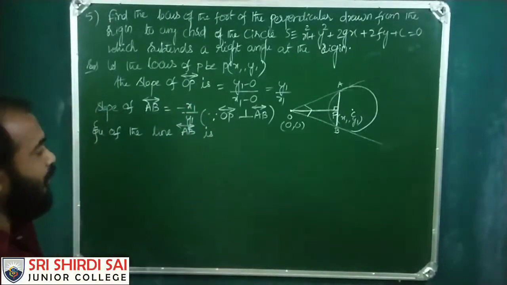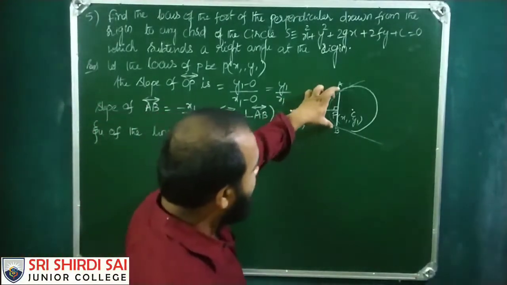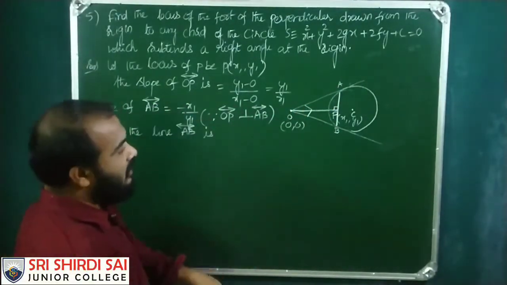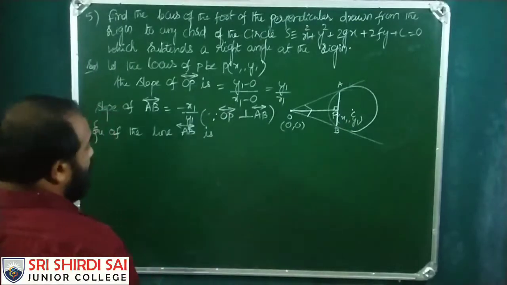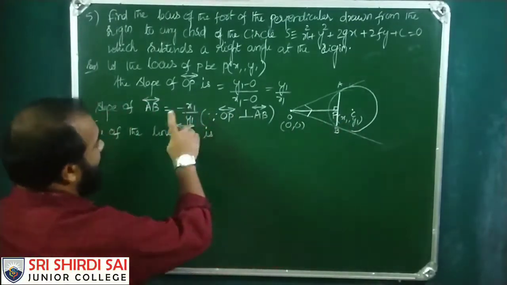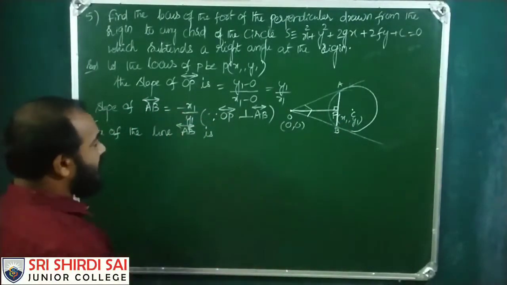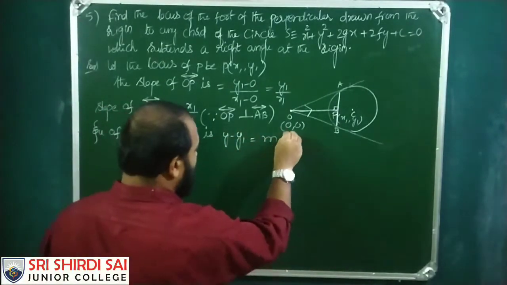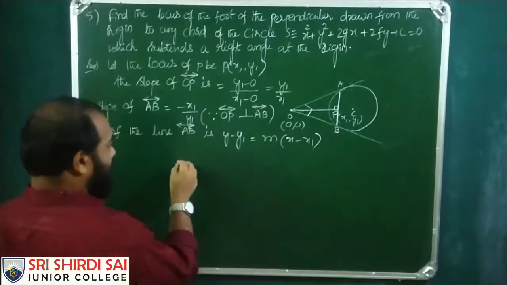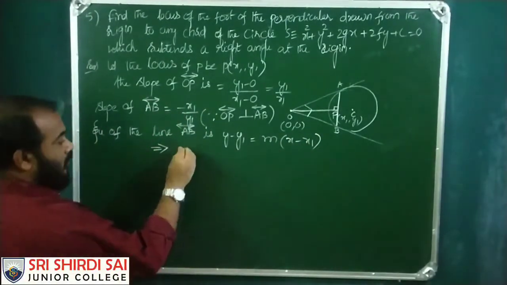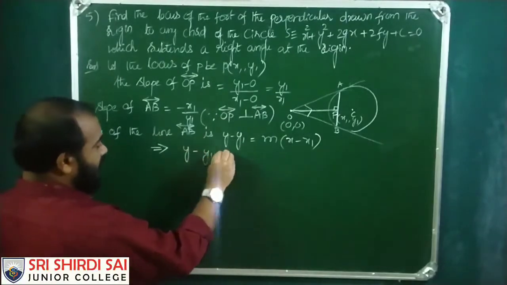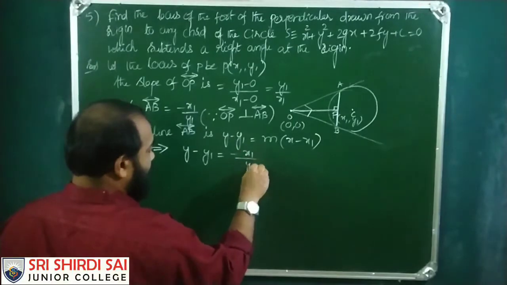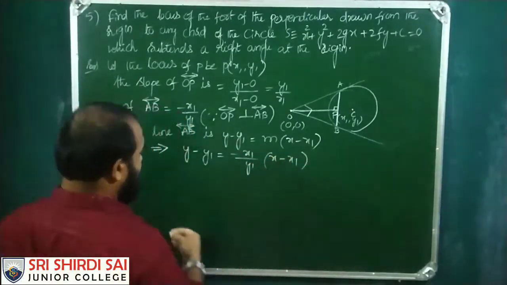The equation of the line AB: for this line we have the slope, which we have just found, and it is passing through (x1, y1). So we have a point and a slope. We have the slope point form, y minus y1 equals m into (x minus x1). That is, y minus y1 equals minus x1 by y1 into (x minus x1).